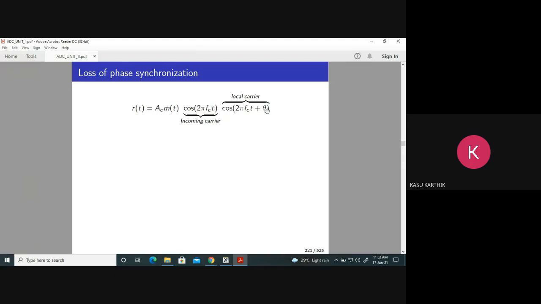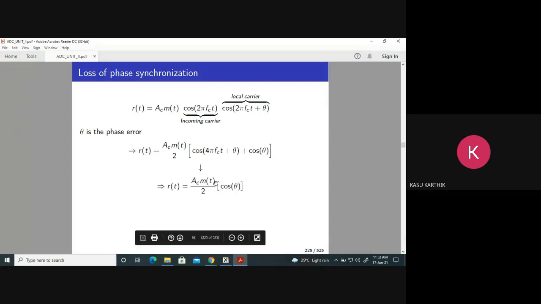If you demodulate like that, you multiply these two, cos A into cos B. Theta is called the phase error in the two carriers. They do not have the same phase, so there is a loss of phase synchronization. You calculate this, and you get the result.